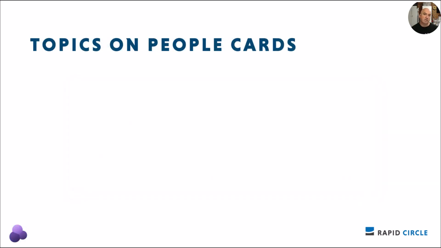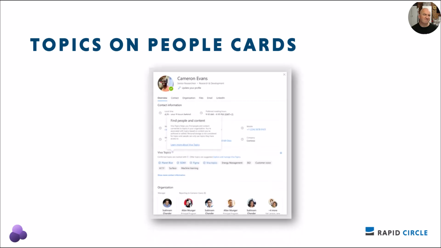Now, do you ever look at a colleague and think to yourself, why do you work here? Well, now Viva Topics helps answer some of those questions by showing you what topics that person is an expert in. When you select someone's name or picture in Outlook or Office web apps, including SharePoint, like the SharePoint web part where you can hover over a person, you'll actually be able to find that information on their profile card using Viva Topics.